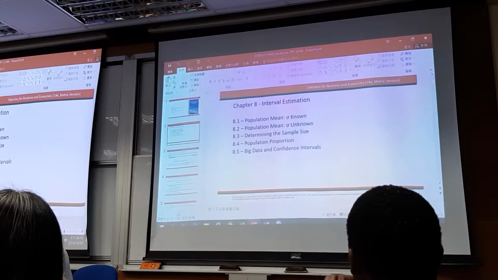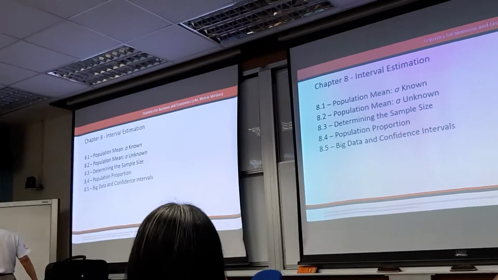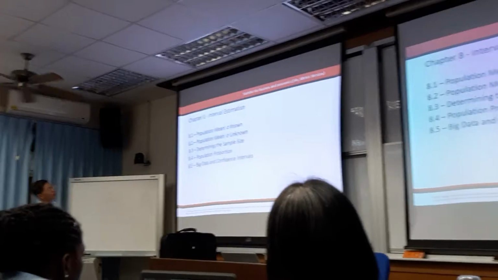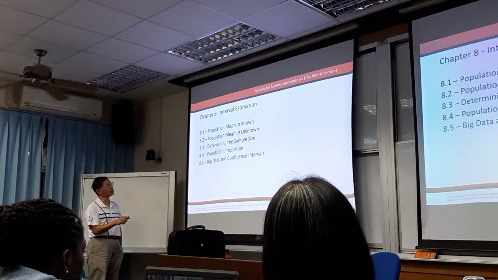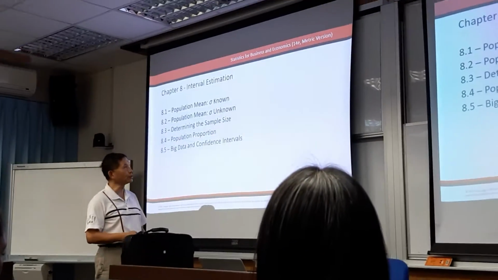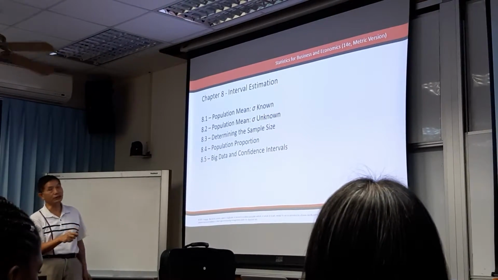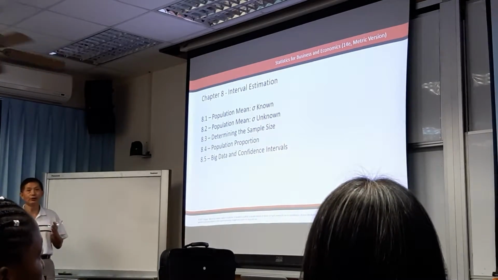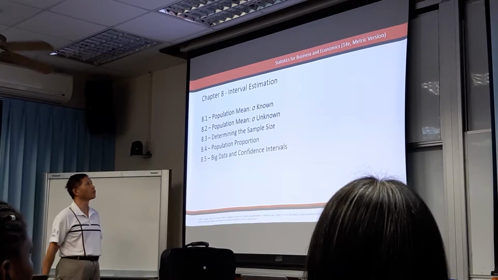And tonight I'm going to talk about interval estimation about the population mean, with sigma unknown and known. Usually when the sample size is bigger than 30, we use the Z distribution, and when the sample size is less than 30, we use the T distribution, and we can get the confidence interval.